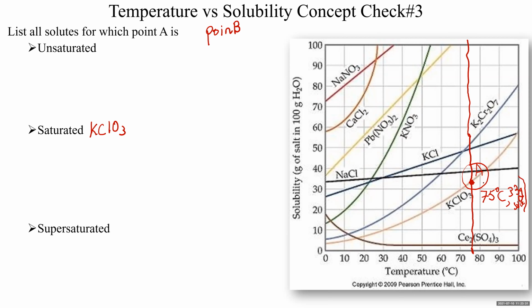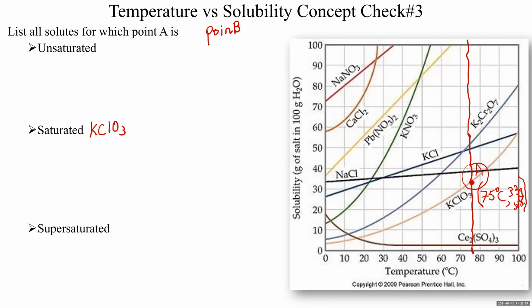All A represents is a specific combination of temperature and solute per 100 grams of water, a solute ratio. That's all it represents. Point A is not linked to KClO3. It just happened to be on KClO3 because KClO3 goes through that point.